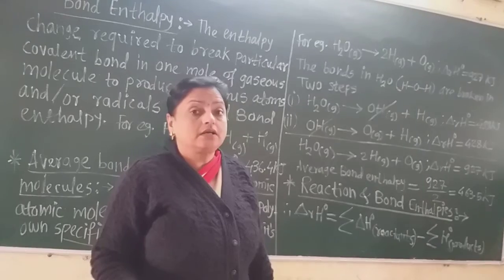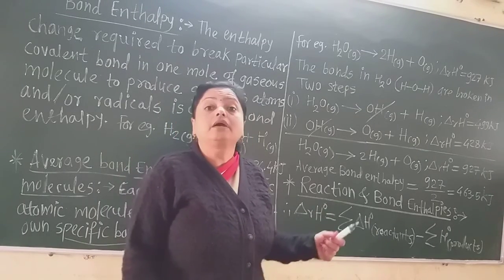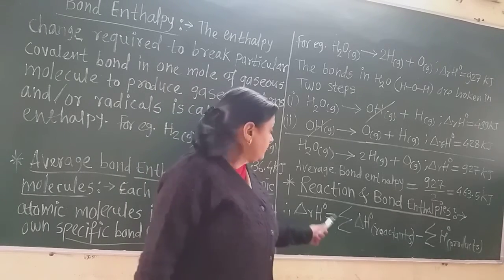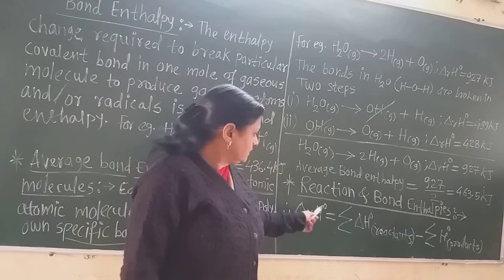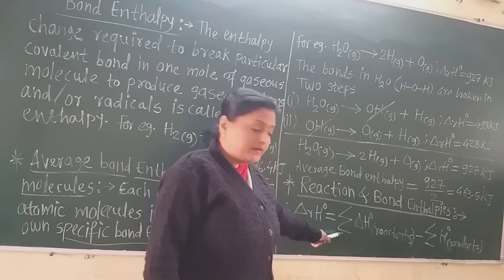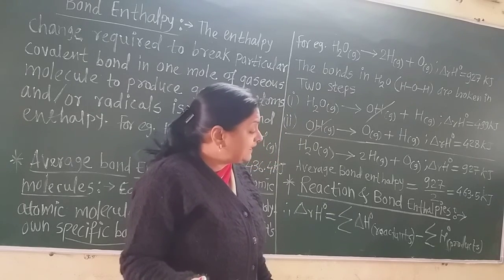Now we have to solve some numericals on this topic. But what is the formula to calculate the bond enthalpy? The reaction enthalpy is calculated as summation of delta H0 of reactants minus summation of delta H0 of products.